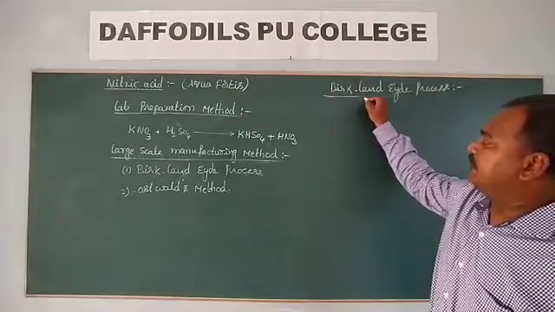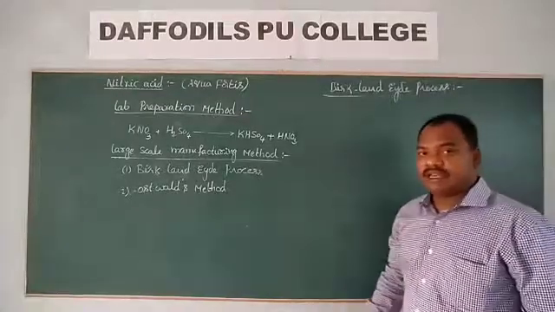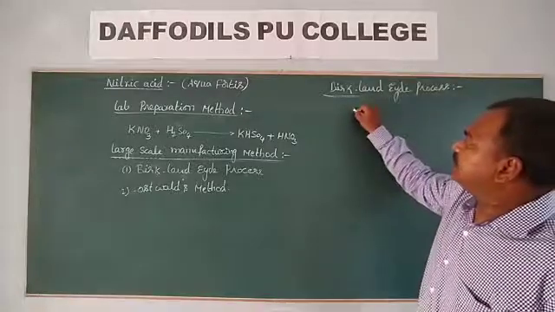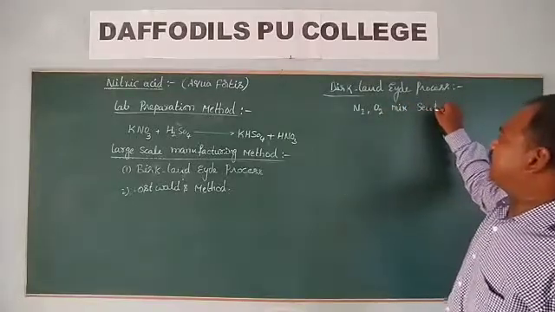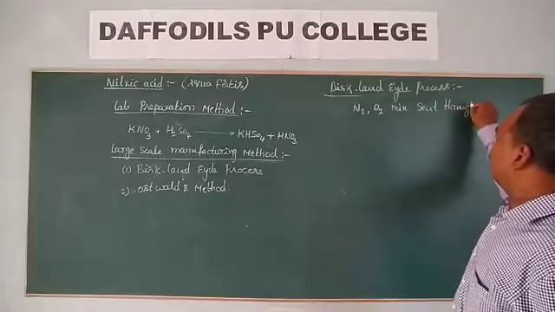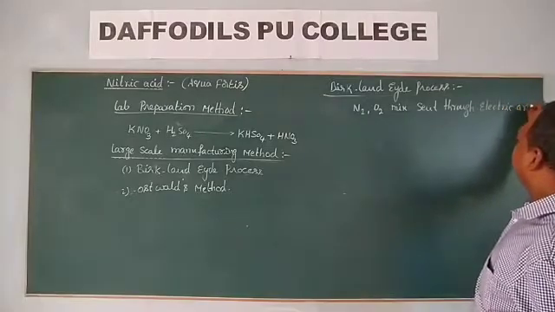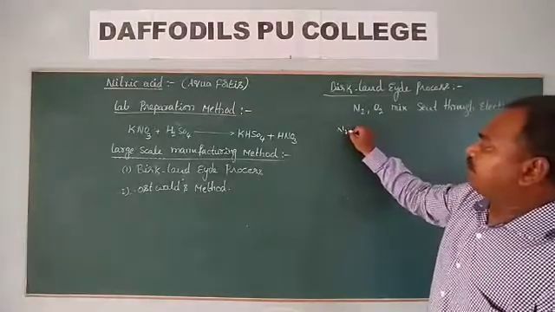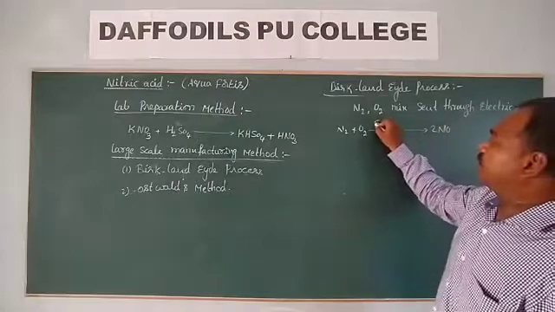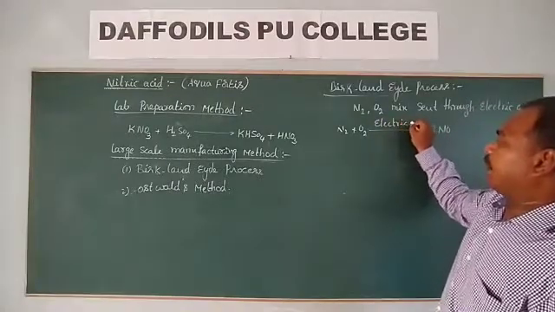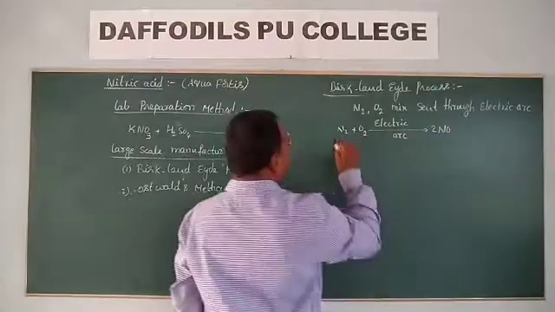In this method, nitrogen and oxygen gases, an N2 and O2 mixture, are sent through an electric arc, where nitrogen reacts with oxygen and forms 2NO.